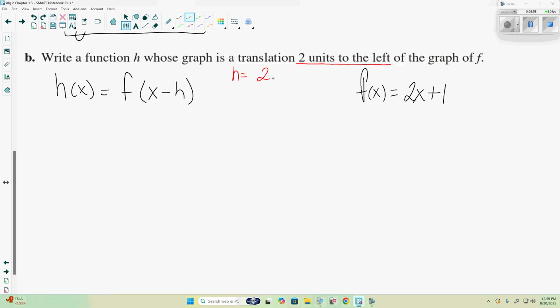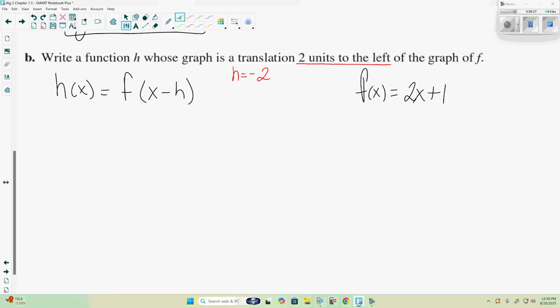Now, would the value of h be positive or negative? It is left. So h specifically is going to be negative. Now, we're used to x plus 2, because again, opposite what we think. But specifically, the value of h is still negative because we are going to the left. Yes?